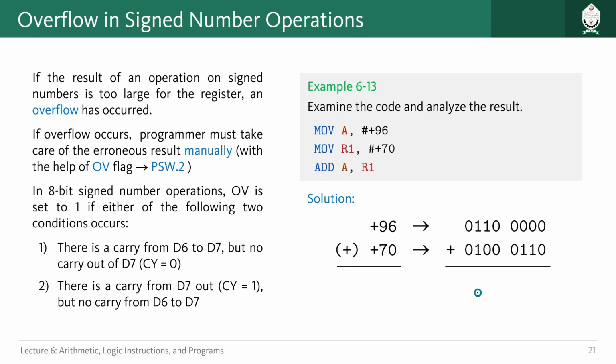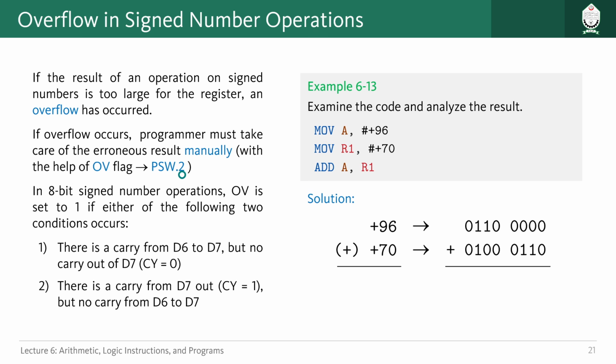If the result goes beyond that, after any kind of arithmetic calculation, be it addition, subtraction, or anything, then obviously our 8-bit registers cannot properly show that. To indicate that error, we have to use the overflow flag. This is how the overflow flag helps us. Whenever this error happens, we programmers have to take care of it manually with the help of this flag, the overflow flag, which is one of the bits of the PSW register, if you remember, PSW.2.